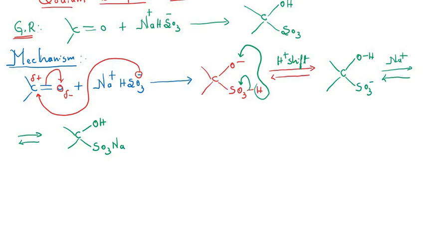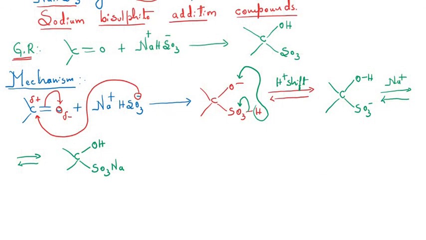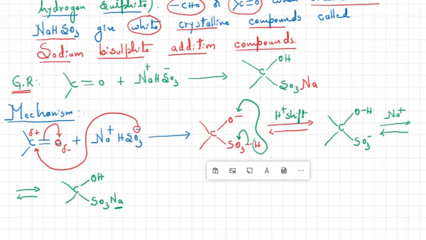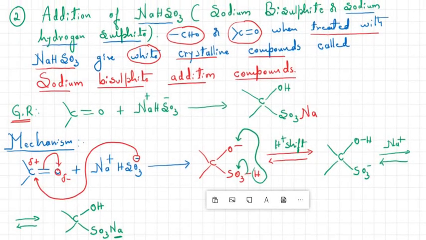Is it clear, students? So we are getting sodium bisulfite addition compounds. The Na that I had not written here, I hope you can see it now; I will write Na here, I had forgotten to write that. Is it clear now, students? I hope you have understood this mechanism, that is, addition of sodium bisulfite.